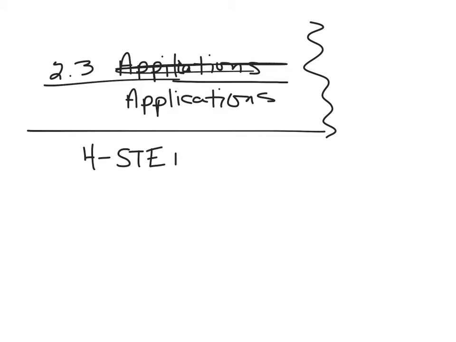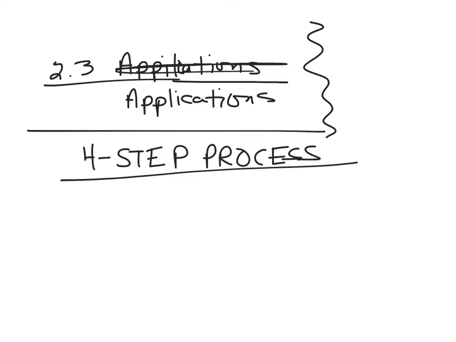So I just call this a four-step process for problem solving. Okay, so this is the way we're going to approach our word problems today. Step one, we're going to do something called define a variable. What does that mean to do?